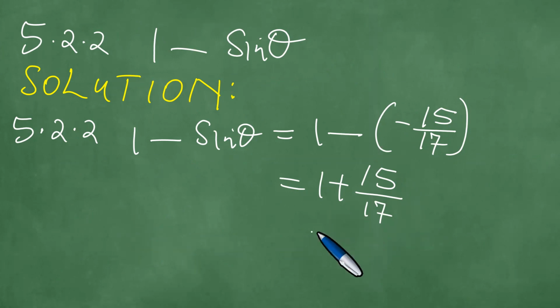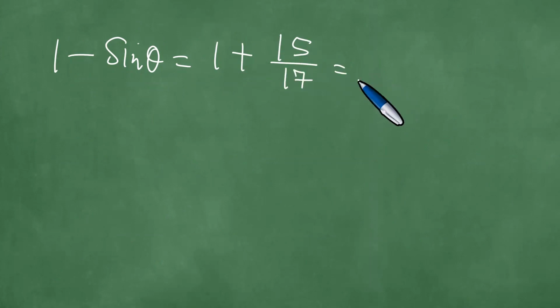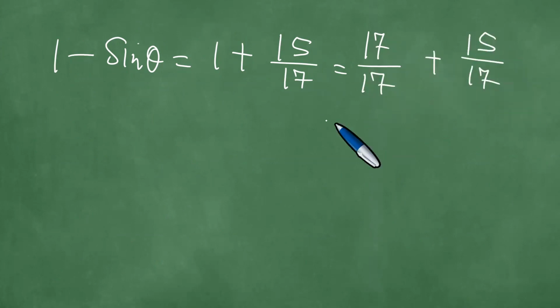So we have this, and we just need to add these things here. If you have 1 minus the sine of theta, which is 1 plus 15 over 17. 17 divided by 17 is 1, and the denominator is 17.